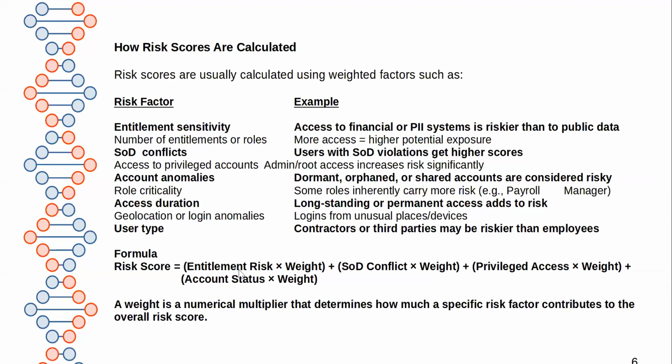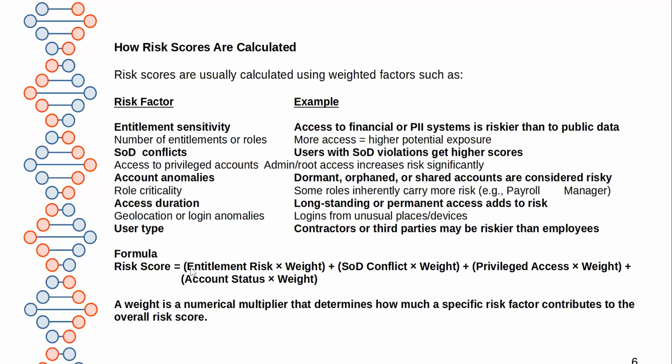For me, entitlement risk is what I want to put in as the main criteria. Then what will I do? As an IGA admin or IGA expert, the weight for entitlement risk will be the highest, whereas the weight for SOD conflict will be a bit lower.